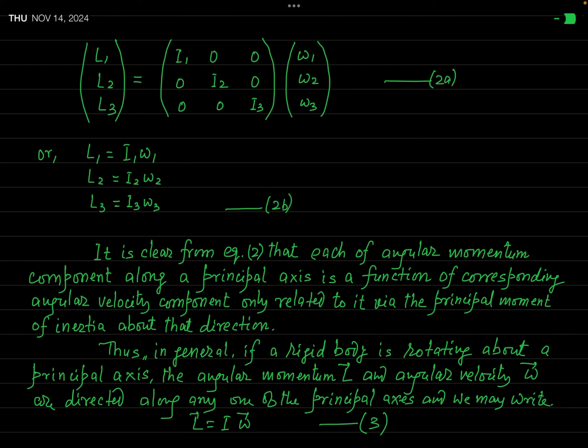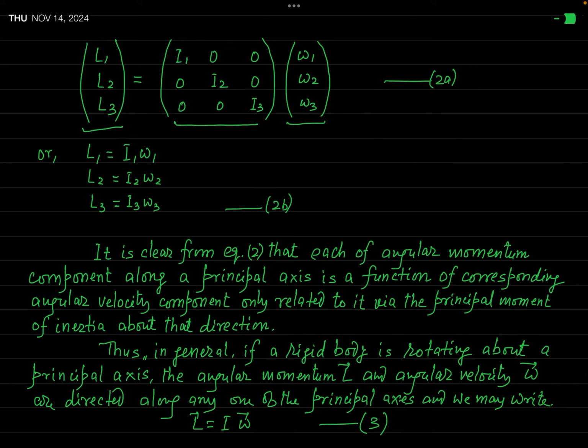This column matrix L1, L2, L3 represents the components of the angular momentum vector. And this is your principal inertia tensor, which is a 3 by 3 matrix whose diagonal elements are I1, I2, I3. These are principal values, and all off-diagonal elements are 0. And in place of omega x, omega y, omega z, now I have written omega 1, omega 2, omega 3. This column vector represents the angular velocity vector.